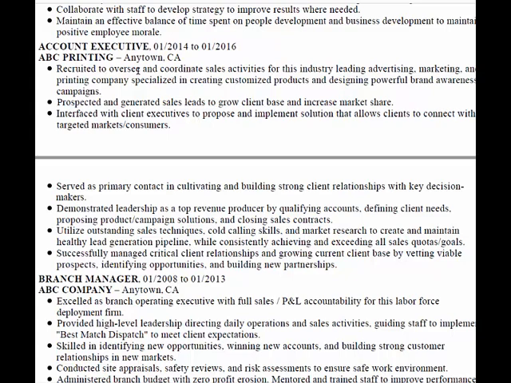Something like that, just a summary, but not bullet points. Reading this, I don't know what ABC printing does. I don't know what territory this person covers.